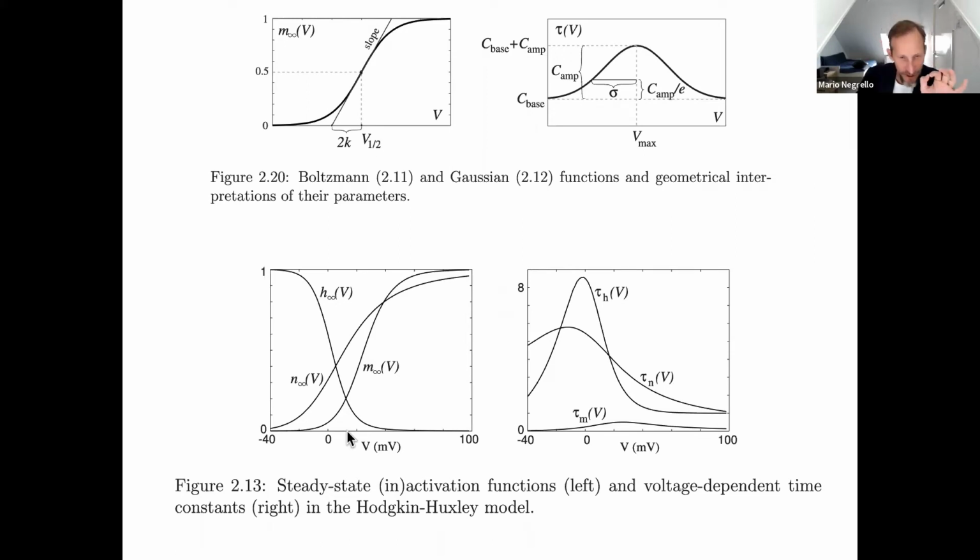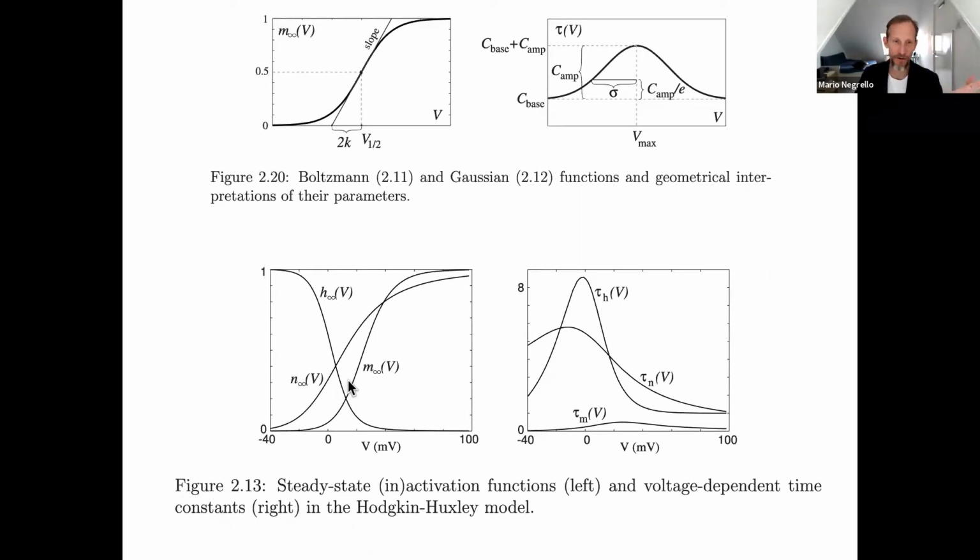Anyways, so if you're here at where my cursor is, you can see that you have some open channels for M. You have most of the channels deactivated. So you have a little bit of sodium current available coming in, making the cell depolarize.